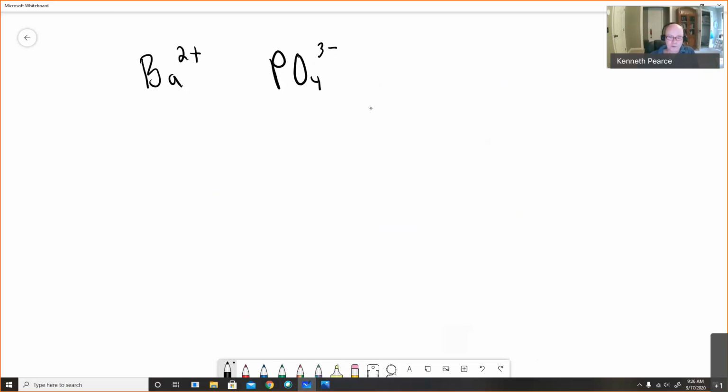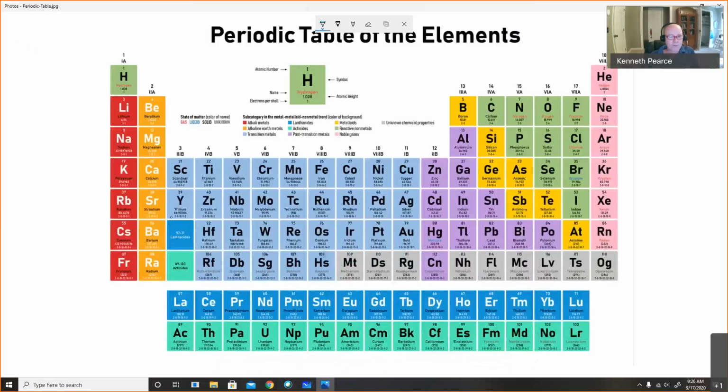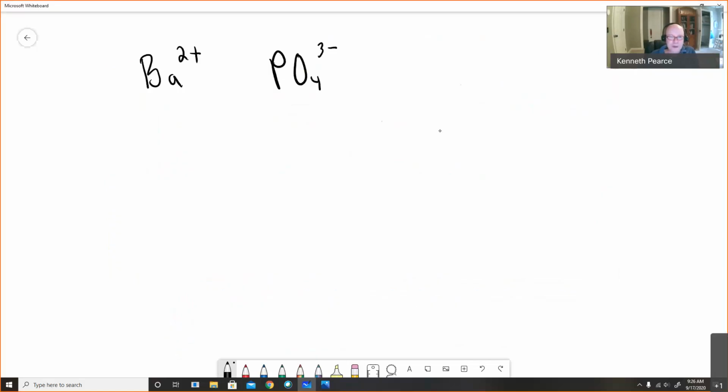And I know barium is a 2 plus because I look at my periodic table, and barium is way down over here. There's barium, and it's in the 2 plus column because it goes +1 +2 +3 -3 -2 -1. And there it is. And the phosphate ion, I know it's a PO4 3- because I've memorized my list of polyatomics.